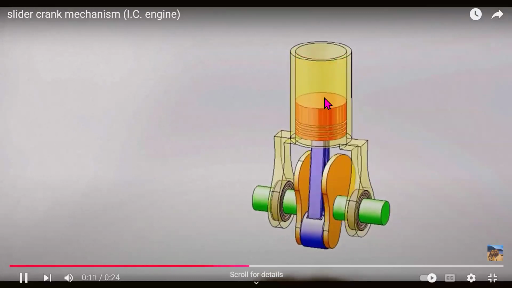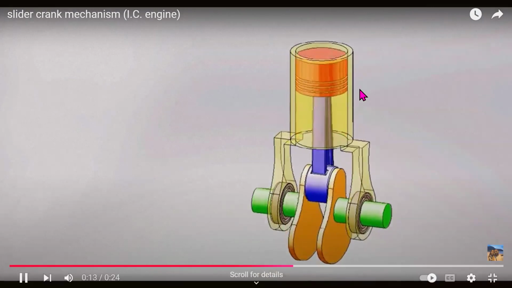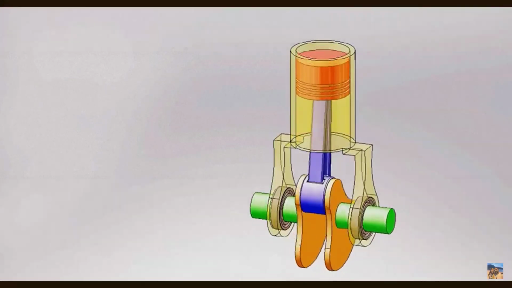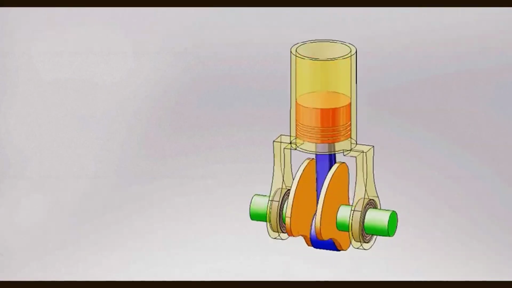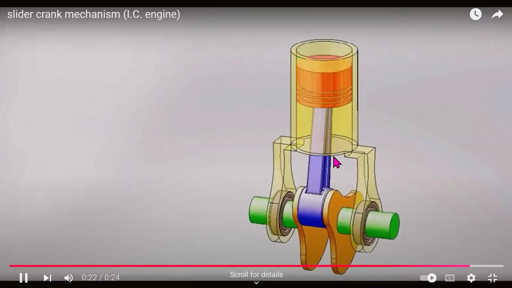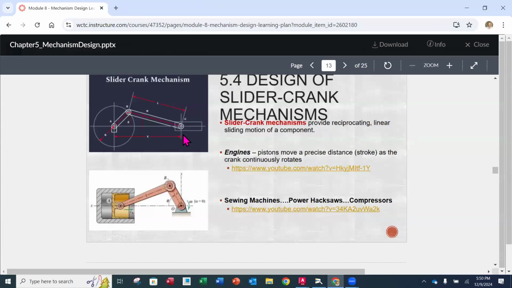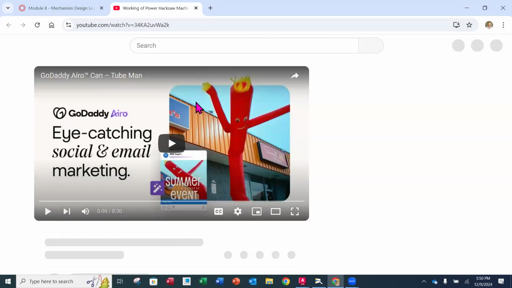The connecting rod goes up to the piston, and the piston is going to have that linear or slider motion. Then if we look at a sewing machine, sewing machines, hacksaws, and compressors are another example. So if we look at this one, same type.